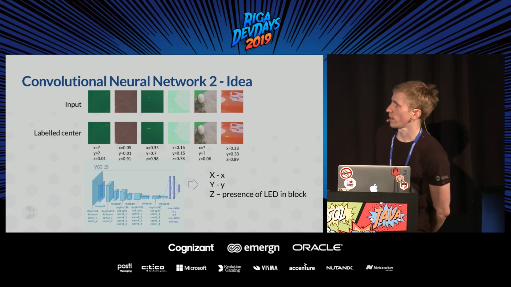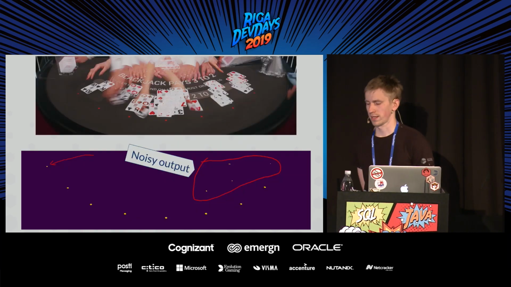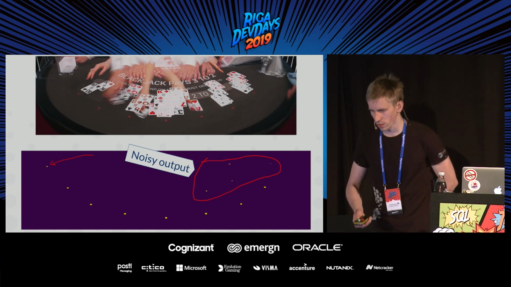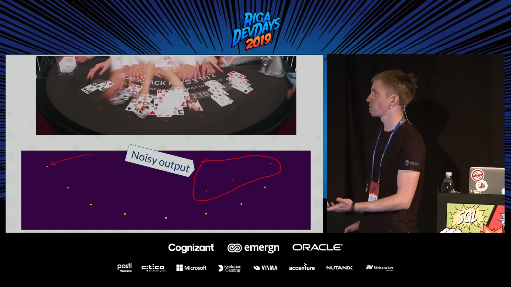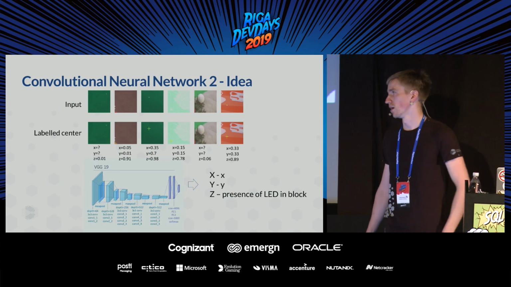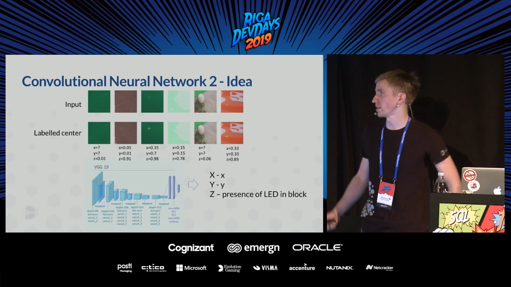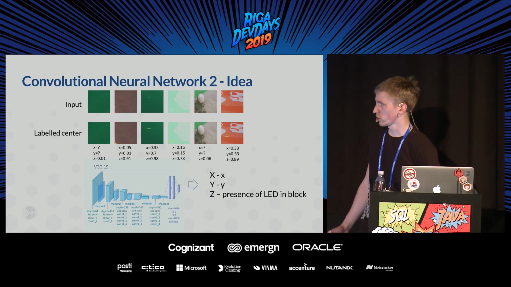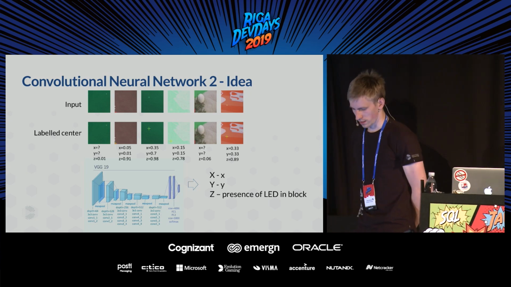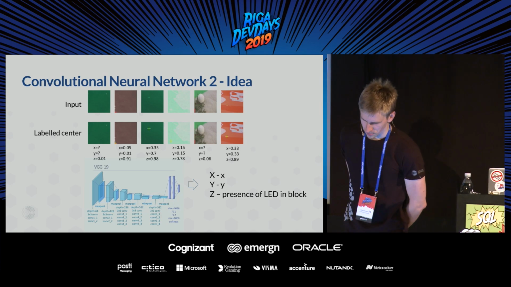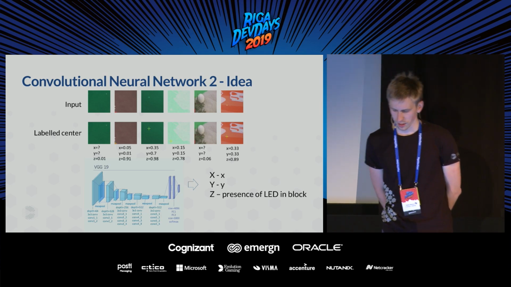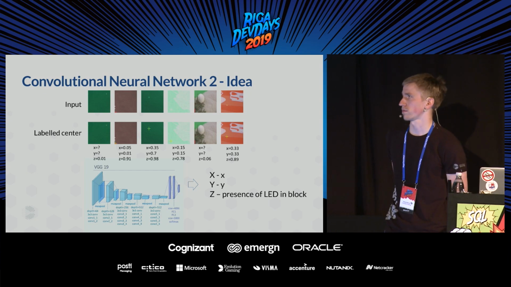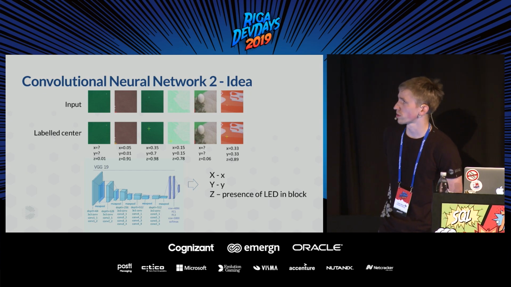And then we thought, hey, if the neural network is able to give us such output, why can't we ask it to give the precise coordinates for each LED? And we tried this approach. We took a slightly different neural network architecture, named VGG19, and the output was changed to 4 neurons, giving 4 float numbers as output.